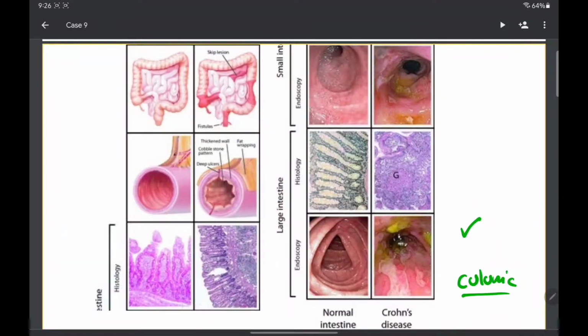One of the important points also to distinguish Crohn's disease from ulcerative colitis is the presence of fistula, especially anal fistula. And this is actually not seen with the disease that includes most of the rectum and the colon, which is known as ulcerative colitis. And this is quite interesting. Also, toxic megacolon, which is the excessive enlargement of the diameter of the large intestine, is not commonly seen with Crohn's disease.